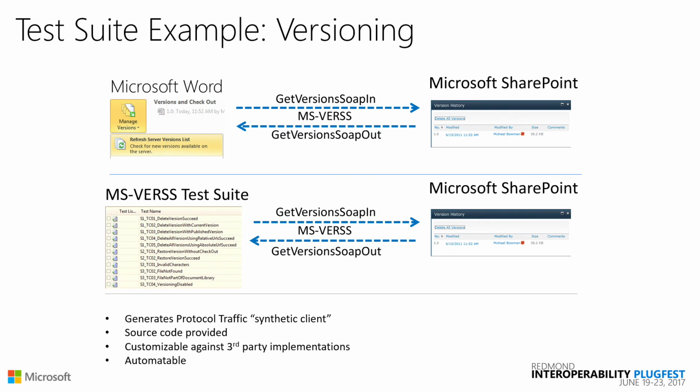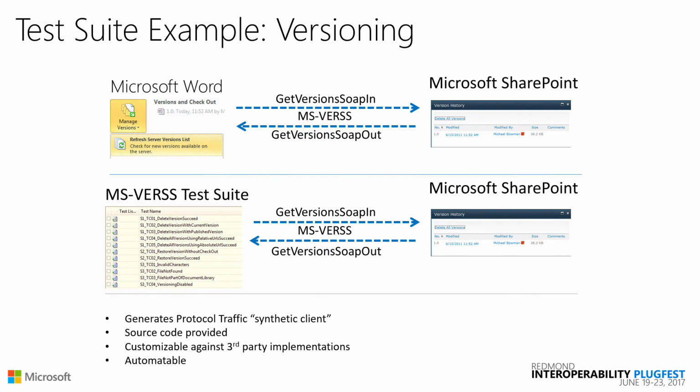At this point, Microsoft Word will send out a GetVersions SubIn request to Microsoft SharePoint. This is the MS-VERSS protocol. And then Microsoft SharePoint will send back a GetVersions SubOut response to Microsoft Word.